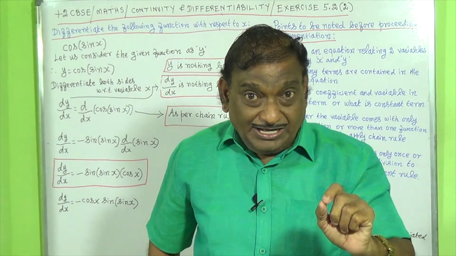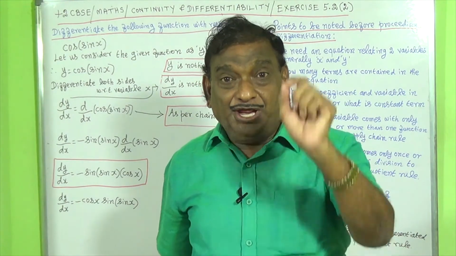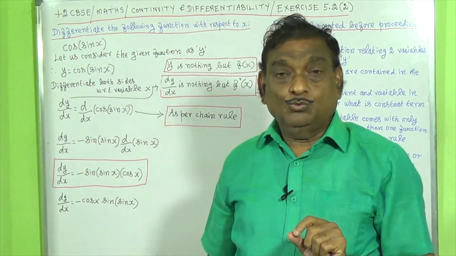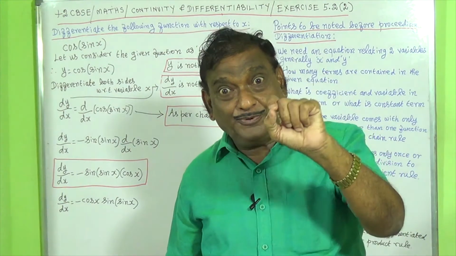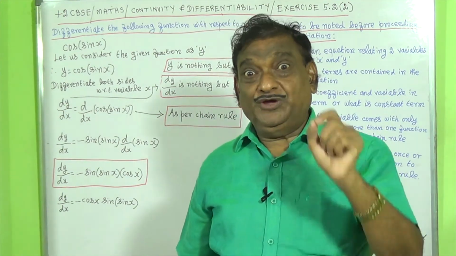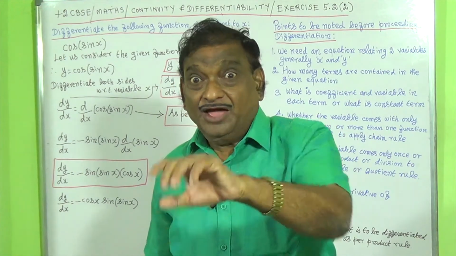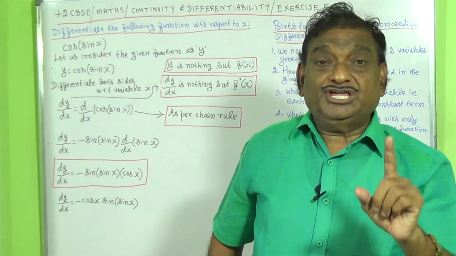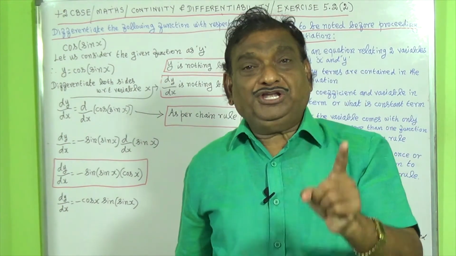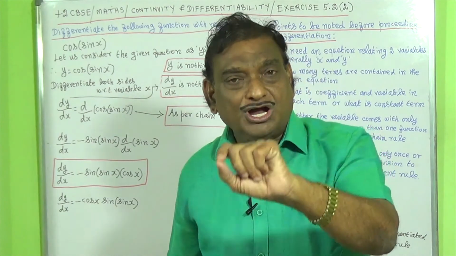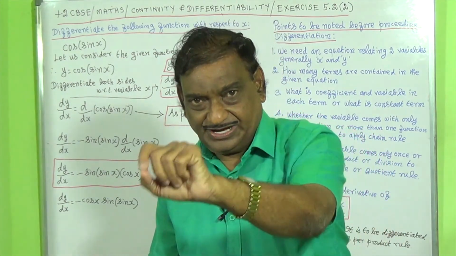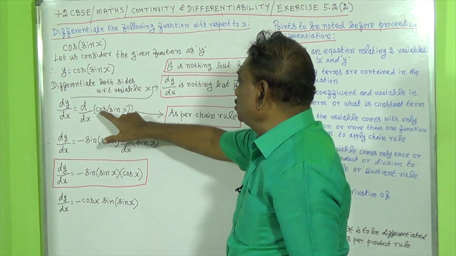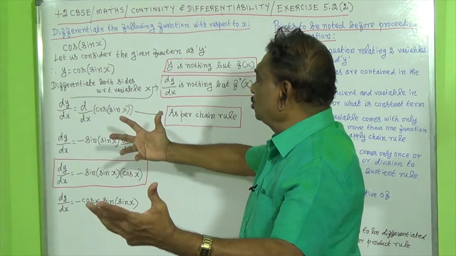It means that the coefficient will remain as it is on differentiation. Only the variable is to be differentiated. If we differentiate the constant term, we will get 0. So we should see what is the coefficient, what is the variable, and what is the constant term in the given function. In this function, the variable is x.